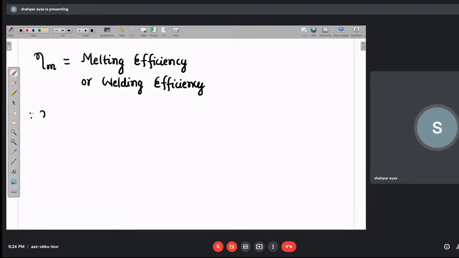So here melting efficiency is actually the ratio of amount of heat required upon transferred, Hm by Ht.